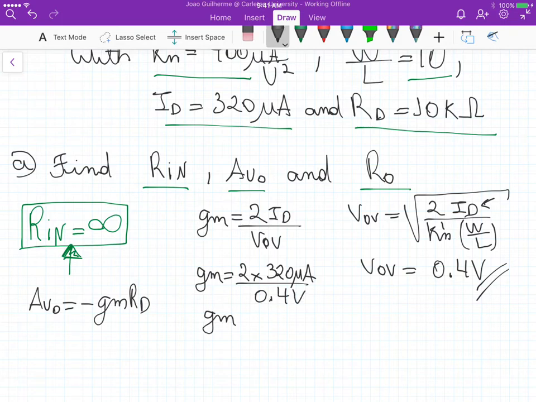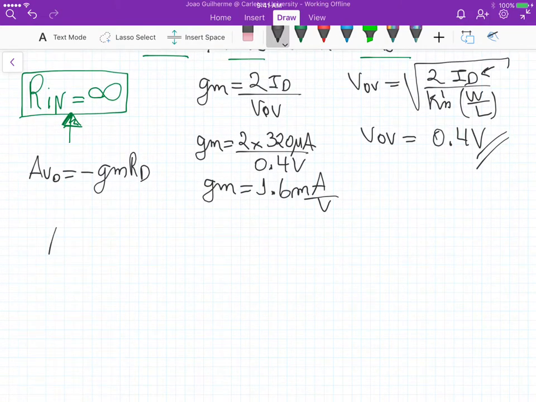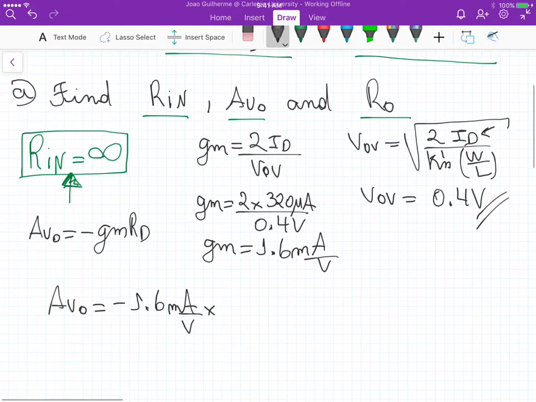So the transconductance Gm is equal to 1.6 milliamperes per volt. Now that we have the transconductance, we can calculate AV0, because it's just minus 1.6 milliamperes per volt times the drain resistance, which is 10k.